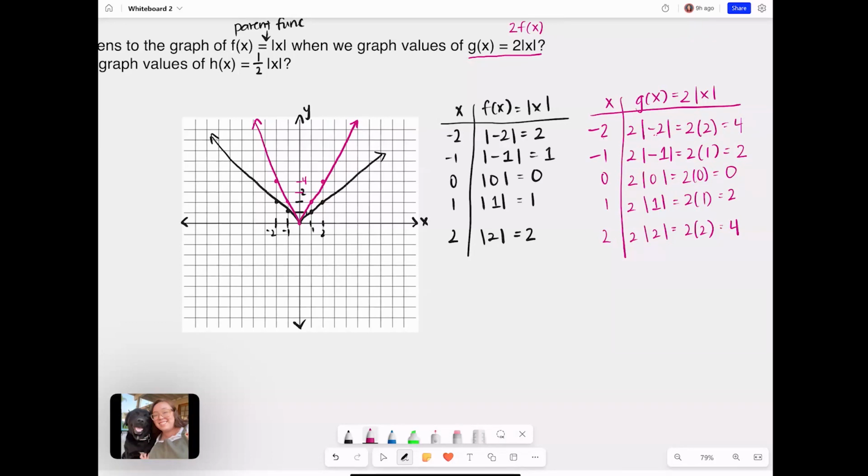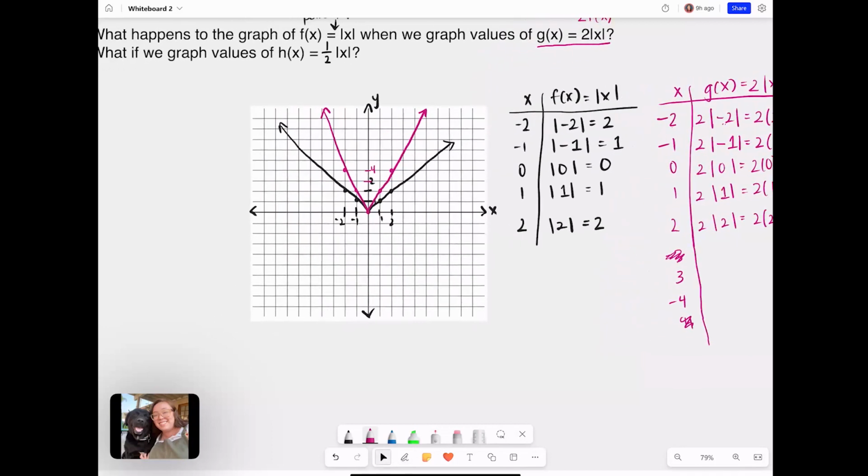If you ever need more points, like if this doesn't really sell you on what it's supposed to look like, add some 3s in there or some 4s, and they don't have to be one of each. You could just add 3 and negative 4 if you wanted. It's a little bit of an odd choice, but you could just add those. You don't have to necessarily go in order, but that's where knowing your function comes in really handy.